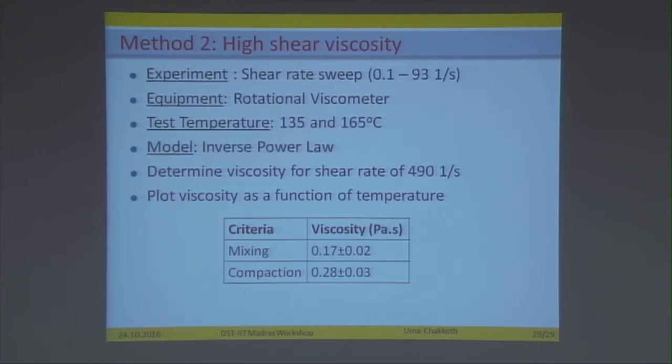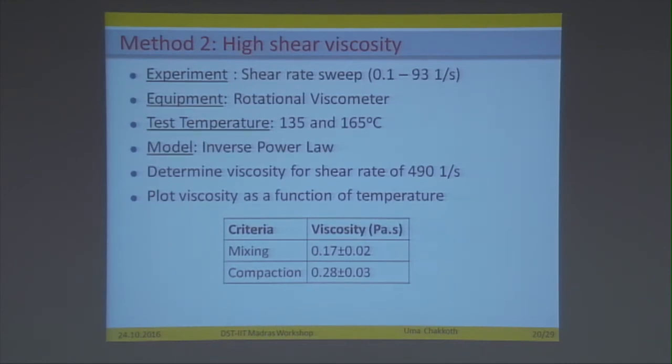In the next method, which is the high shear viscosity, the shear rate sweep is carried out from 0.1 to 93 reciprocal seconds. So, this is the shear rate ramp that they have specified, and yet again the equipment is a rotational viscometer. The experiment is carried out at two different temperatures, and the model used to fit the data is the inverse power law model.